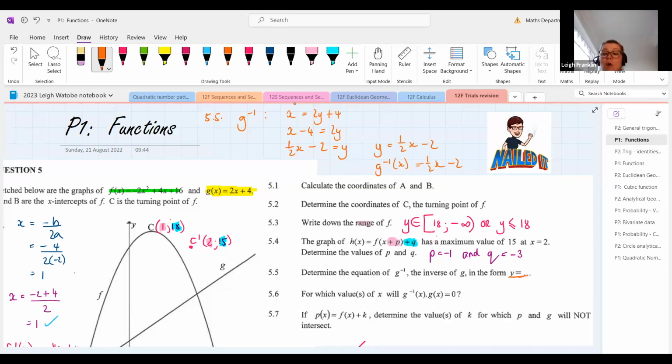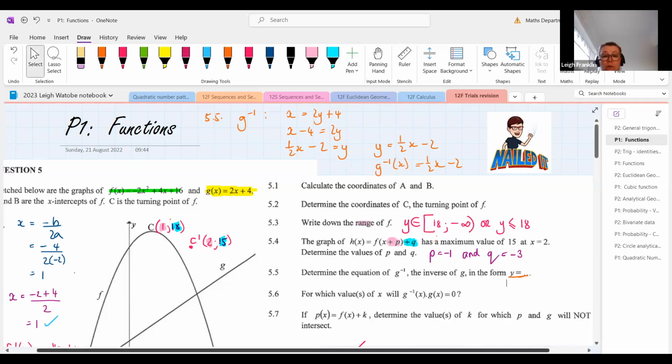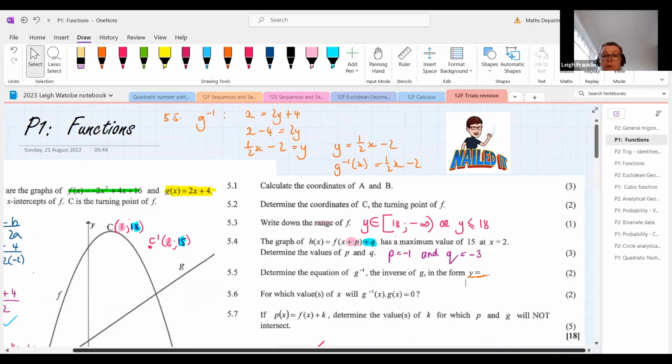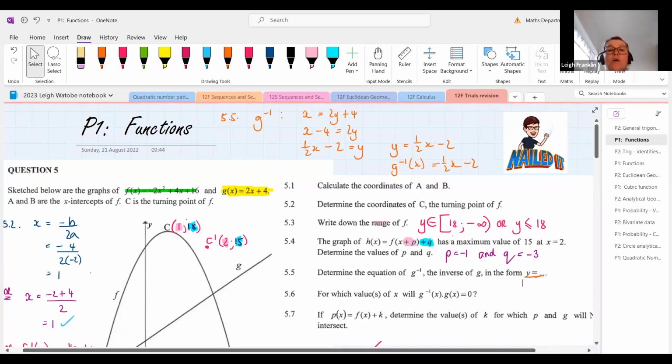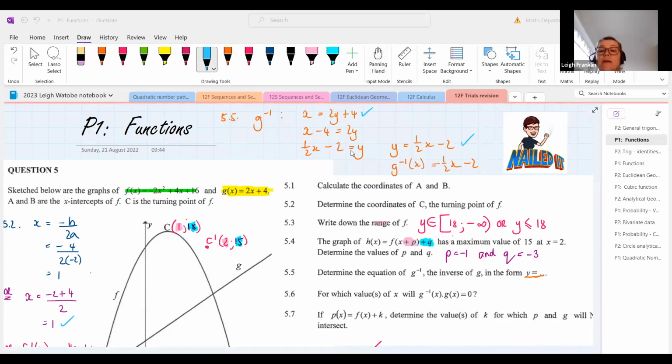Okay, all right. So everybody okay with 5.5? Can we go on to 5.6? We all good? 5.5 only out of 2 marks. So 1 mark for switching the X and the Y, and the other mark for the answer. Oh, good. All thumbs ups. All right. Lovely to see that.